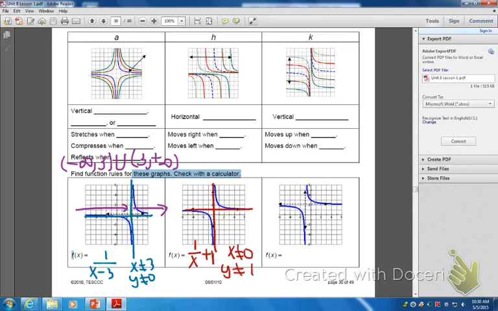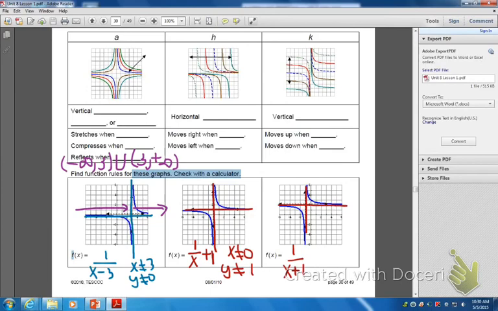And our last one, what's your vertical asymptote? Negative 1. Okay. So we did have a shift horizontally, so that would be 1 over x plus 1. We went to the left. Horizontal asymptote? Negative 2. Positive 2.